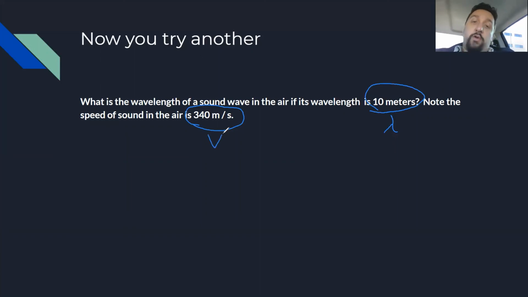Step two, write our equation. Velocity is equal to wavelength times frequency. Step three, put in our knowns. We have V is 340 meters a second is equal to, our wavelength is 10 meters, and we don't know what frequency is.